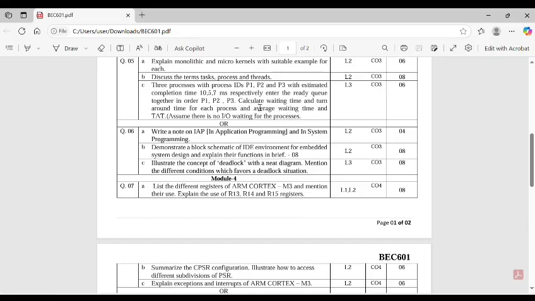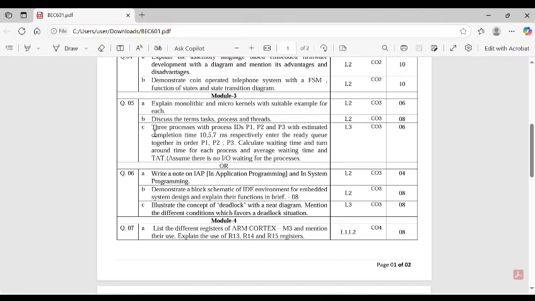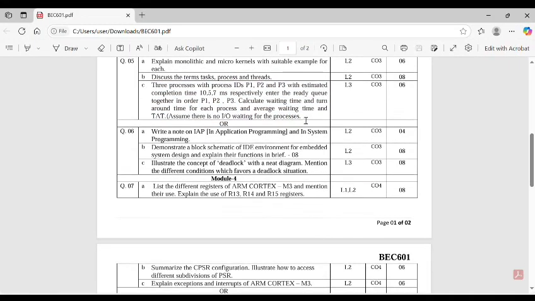Calculate the waiting time and turnaround time for each process and the average time. TAT means turnaround time. This 5C is very important. It comes in every exam, so these types of questions will come for sure in the exam.